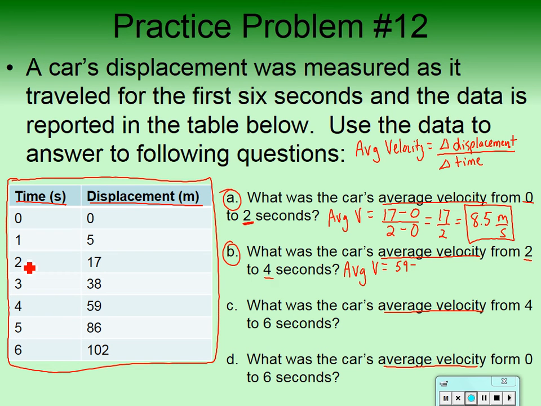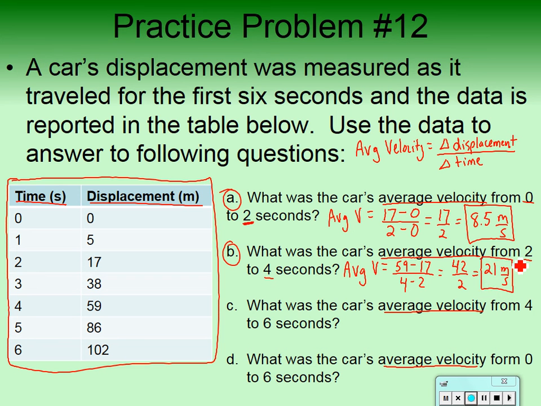At 2 seconds, 17 was his displacement. Okay, divided by the final time of 4 seconds minus the initial time of 2 seconds. Okay, let me grab my calculator. So 59 minus 17 is 42, divided by 4 minus 2, which is 2. So as you can see, we got 21 meters per second.